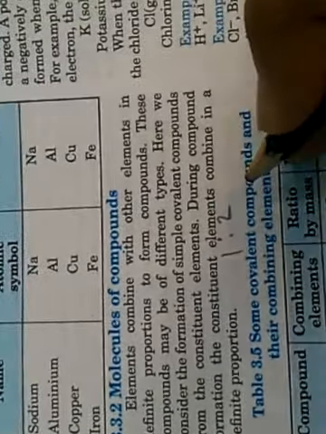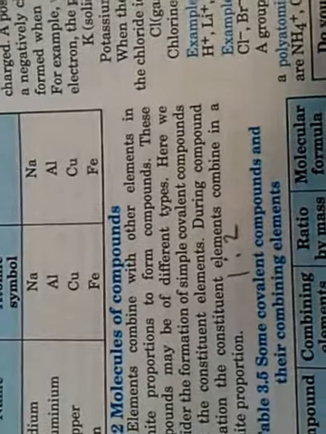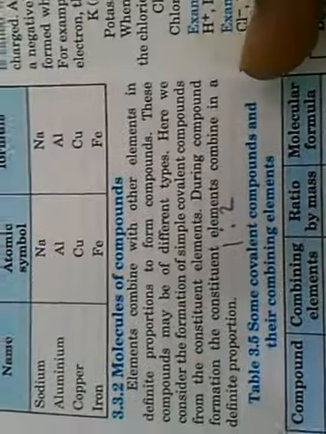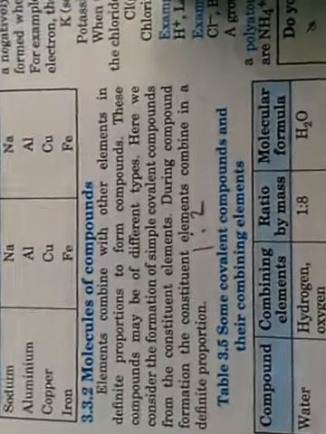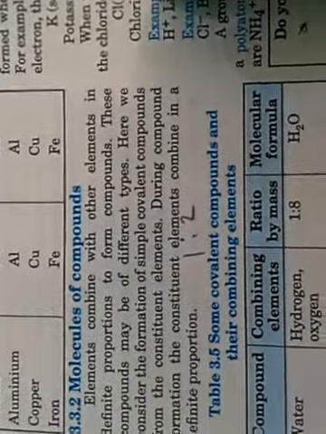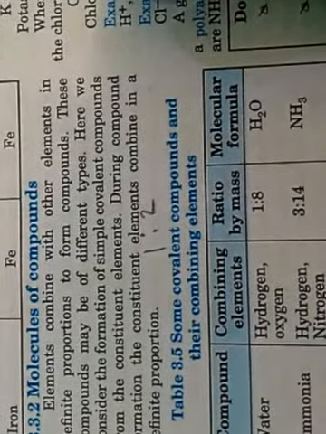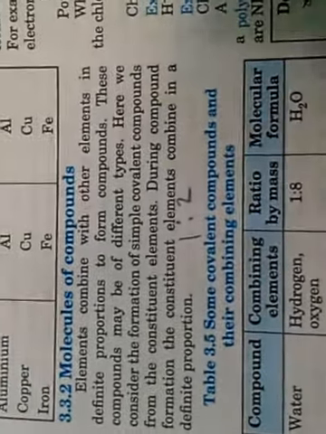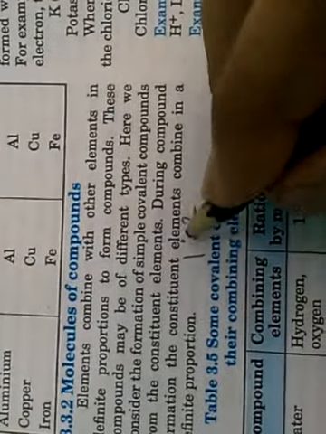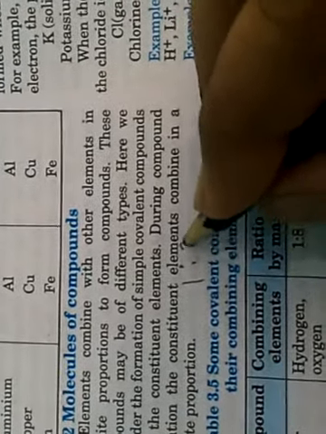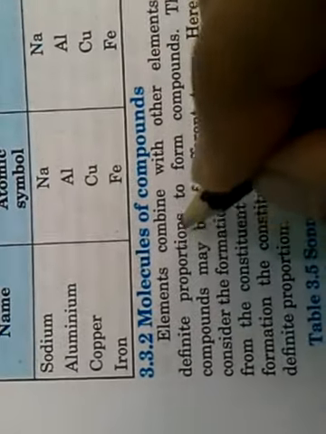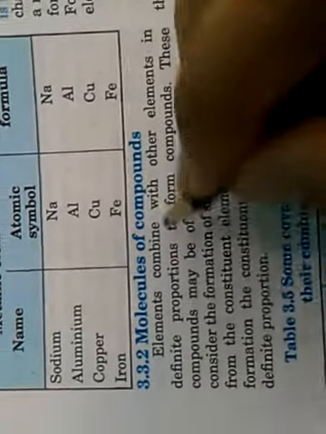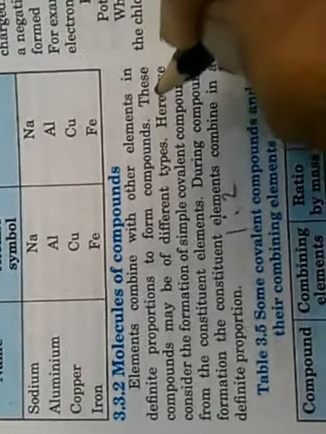If I am making carbon dioxide in India, in America, in space, underground, in a laboratory, or by burning coal, in all cases the ratio of carbon and oxygen will remain the same. This means definite proportions. So elements combine with other elements in definite proportions to form compounds.